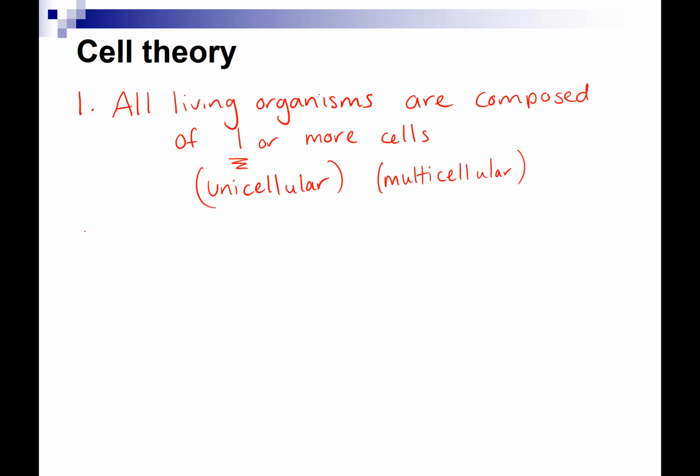The second part is that cells are the smallest unit of life. So back in Chapter 1, we talked about some of the characteristics of life, like using energy and grow and develop and respond to the environment.